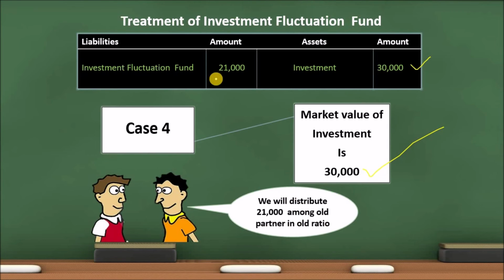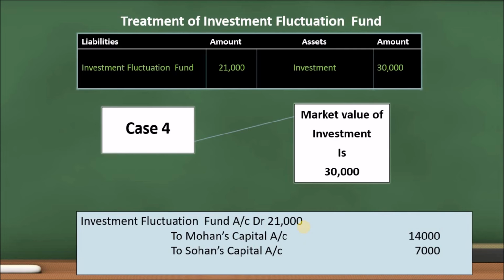Since this fund is not required, not used, therefore it is distributed among old partners. And the journal entry is investment fluctuation fund account debit 21,000, and it will be credited to Mohan and Sohan's capital, and here 21,000 is divided between Mohan and Sohan in ratio 2:1. That is the old ratio.